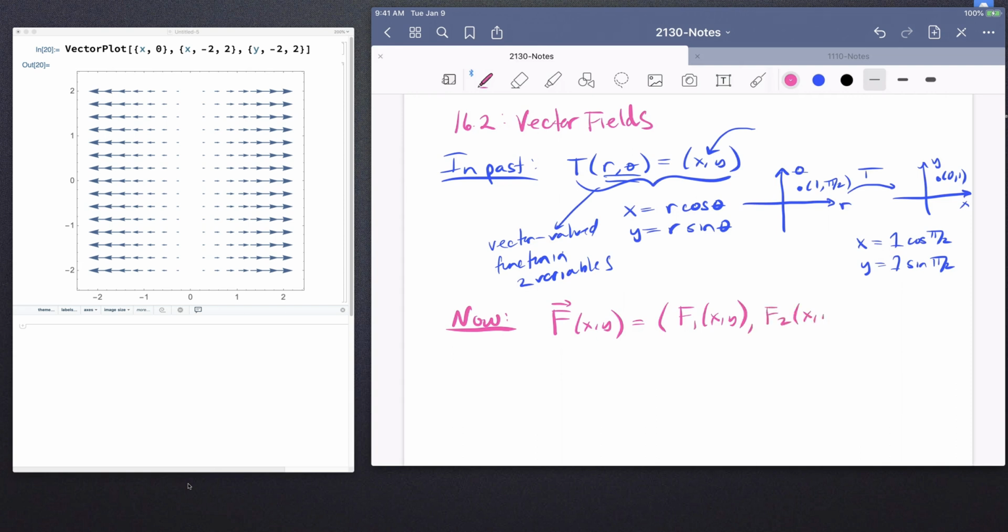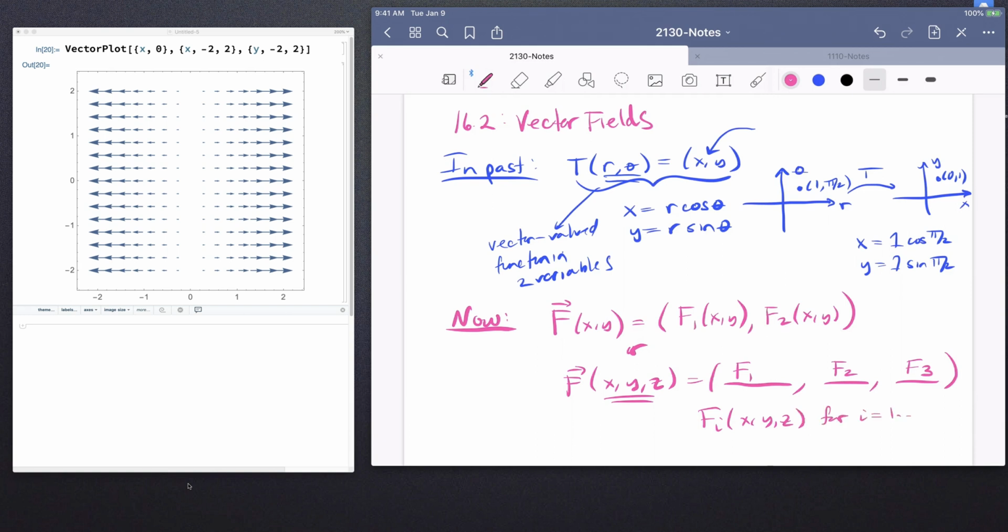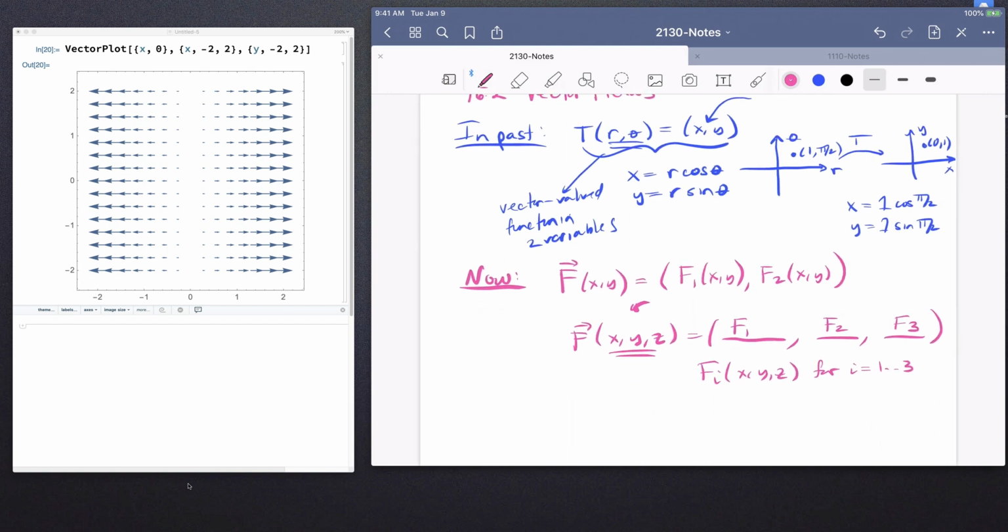This could be a two-dimensional vector field, or our vector valued function could be a function of x, y, z, a function of three variables into three entries, so into three-dimensional space, and there would be an f1, an f2, and an f3, and each of those entries f_i is a function of x, y, and z for i going from 1 to 3.